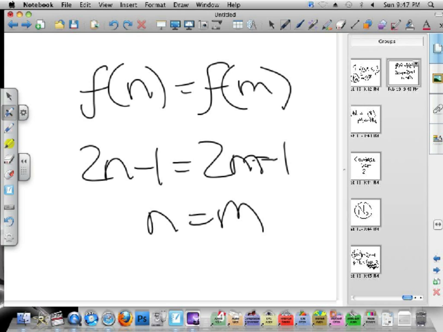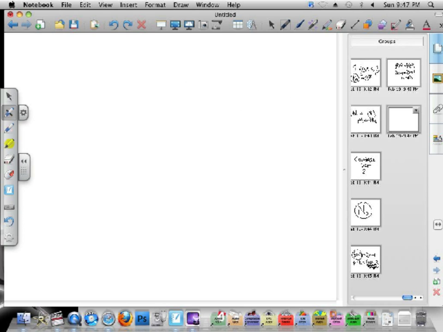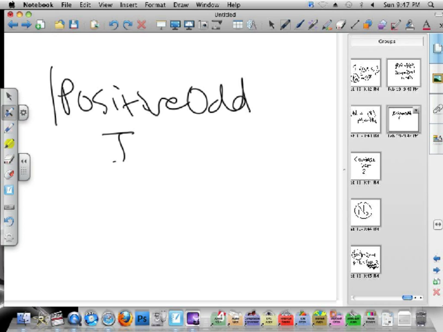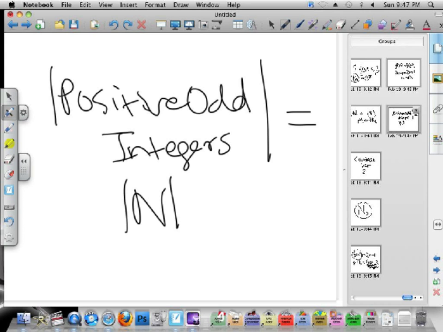Therefore, since f of n is both one-to-one and onto, because f of n is 2n minus 1, it denotes positive odd integers, then we have a one-to-one correspondence, and therefore the cardinality of positive odd integers is equal to the cardinality of the natural numbers, which is consequently equal to aleph null.